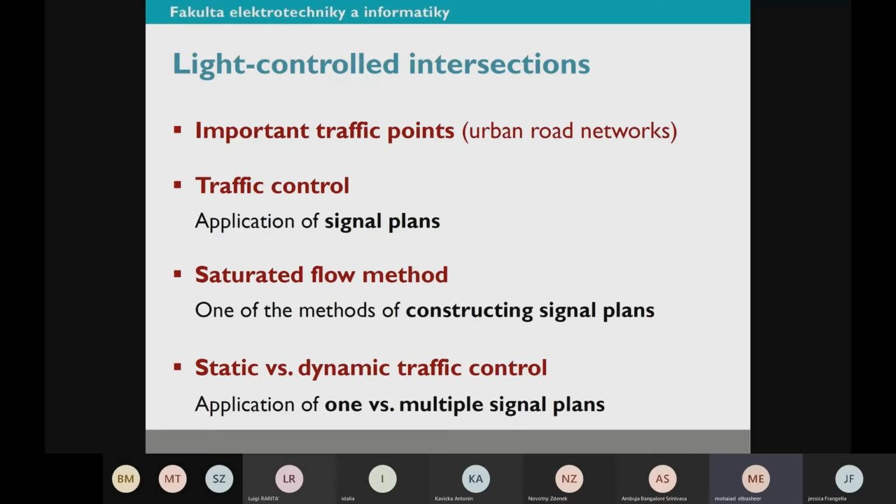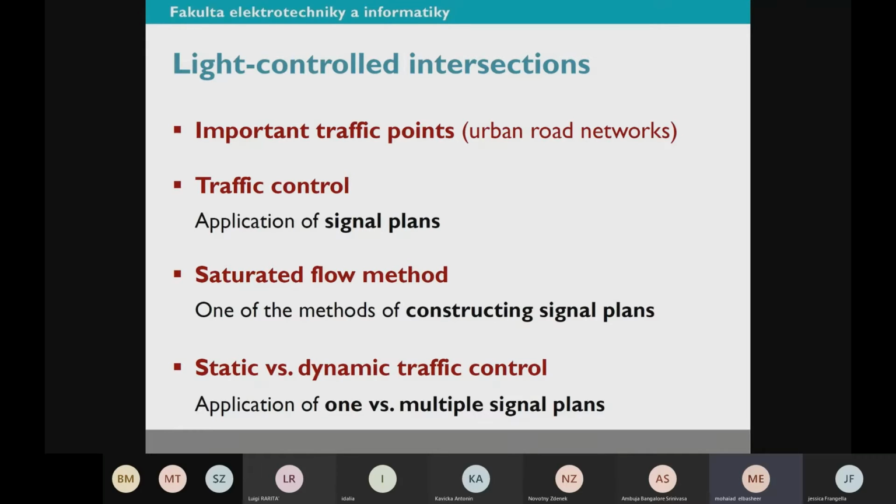How to produce the signal plans? Several analytical methods can be used for producing signal plans. One of them, widely used, is called the saturated flow method, which was also used within the frame of our case study. And that saturated flow method offers different signal plans for different parameters.